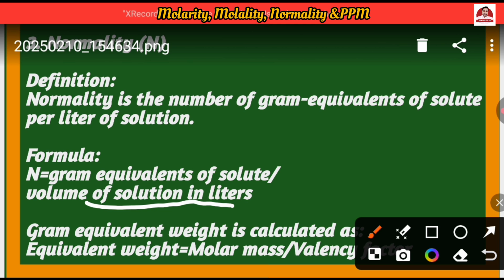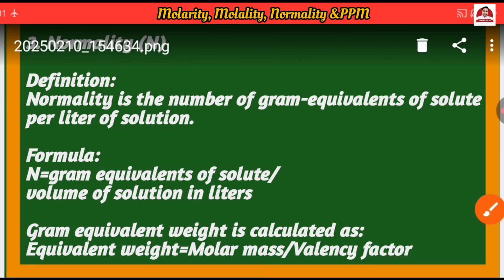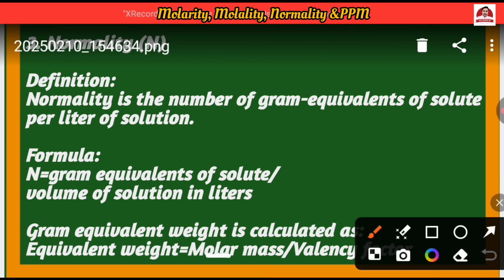Now we understand first what is gram equivalent weight, or how can we calculate the gram equivalent weight. We know that gram equivalent weight is equal to the molar mass divided by the valency factor.